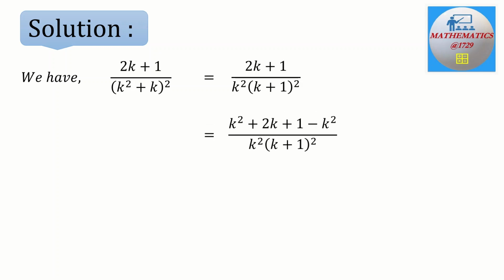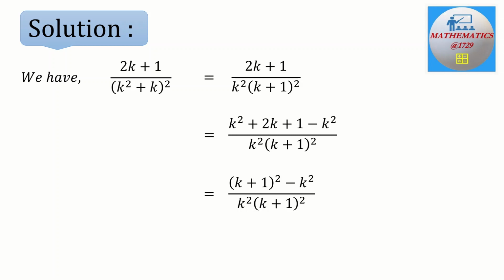We get (k²+2k+1−k²)/(k²(k+1)²). Now you can observe here the numerator's first three terms together are (k+1)². So we can again write this as ((k+1)²−k²)/(k²(k+1)²).